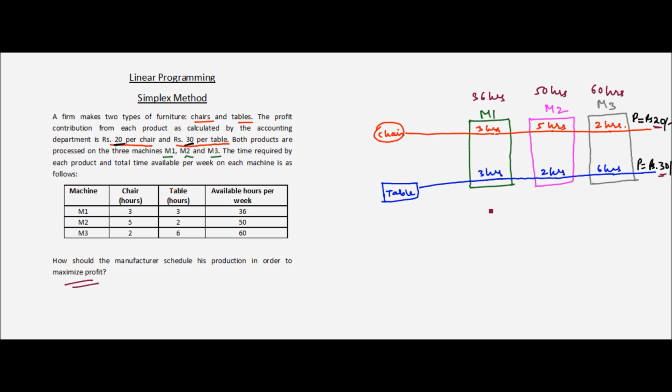So let's see how we can solve this example using the simplex method. The first step in solving a linear programming problem using the simplex method is to construct an LP model of the problem. In this example, we have to find out the quantity of chair and table to be produced by the manufacturer such that the profit can be maximized.